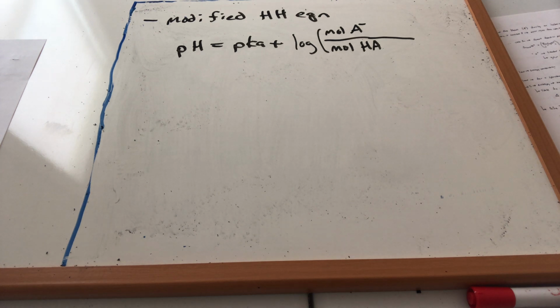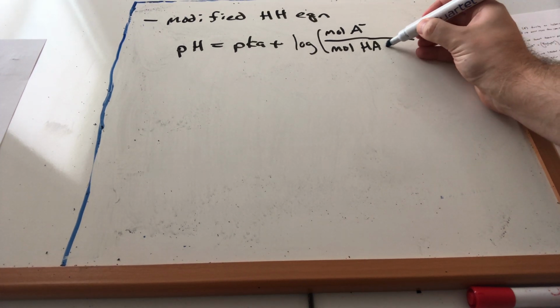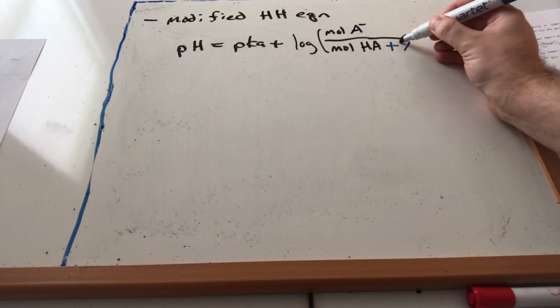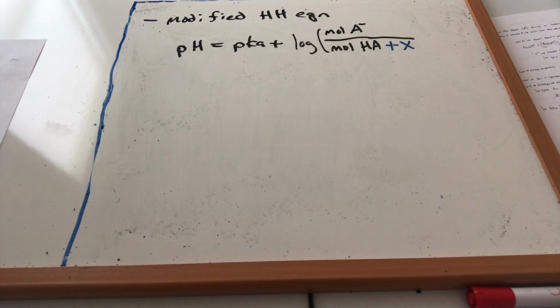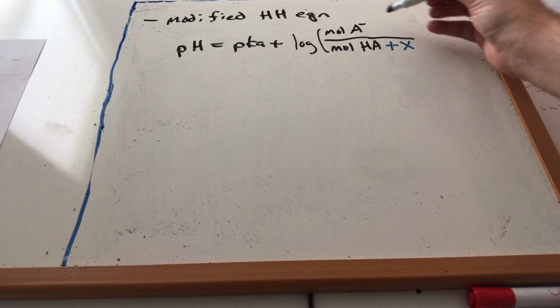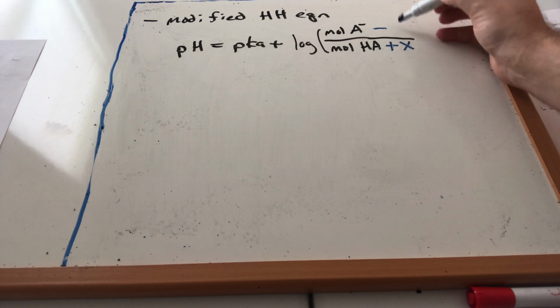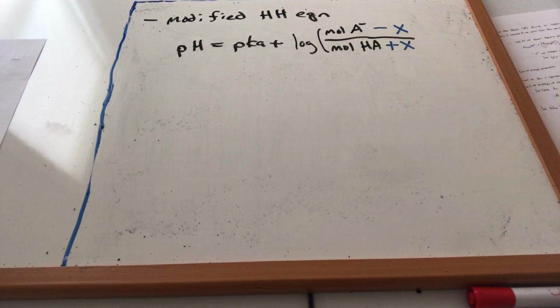If I add acid, though, I know that this is going to go up by an amount X. That's what we saw in our ICE table organization. As this goes up by X, if I add acid, this is going to go down by the same amount, by the same X. If I add base, the opposite happens.